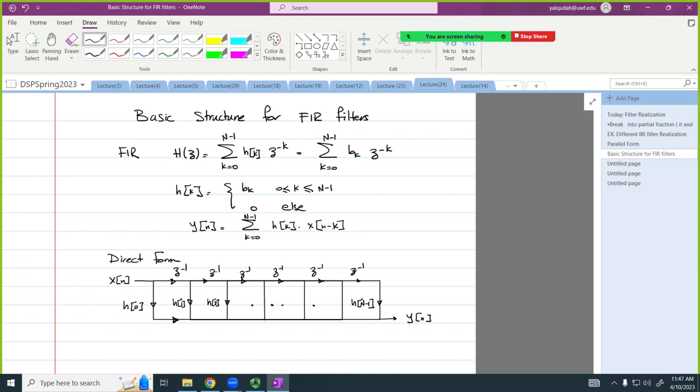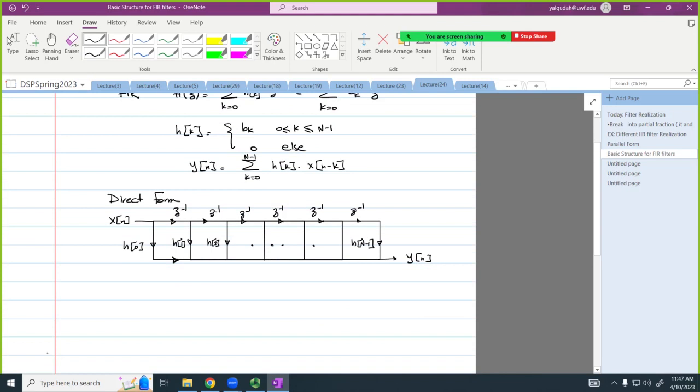So it's going to equal h of 0 multiplied by x of n, h of 1, x of n minus 1, h of 2, x of n minus 2, and so on and so forth.